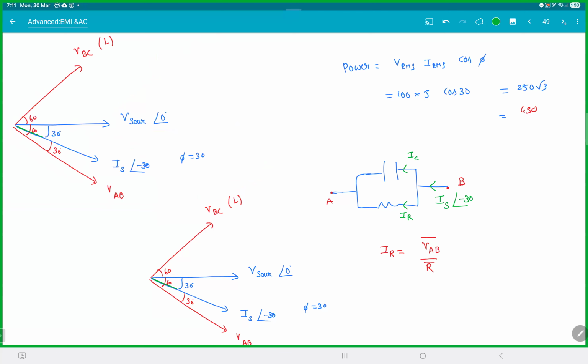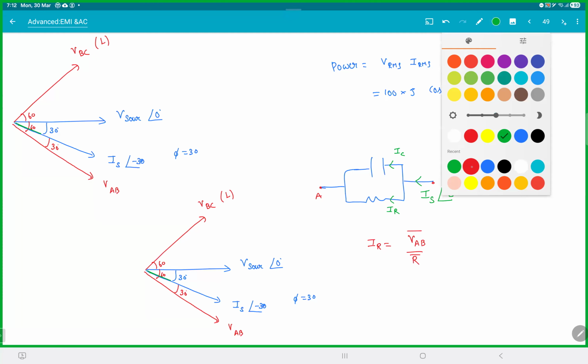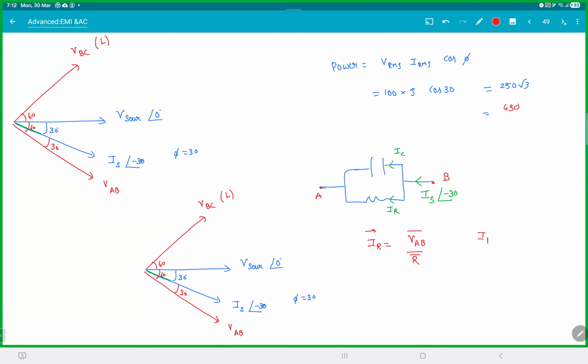I'll just put a new picture here. Now look at this clearly. We can clearly see the IR vector is parallel to the VAB vector because the angle of R is 0. That won't change it. So where is VAB? VAB is this. So your IR will be this one.